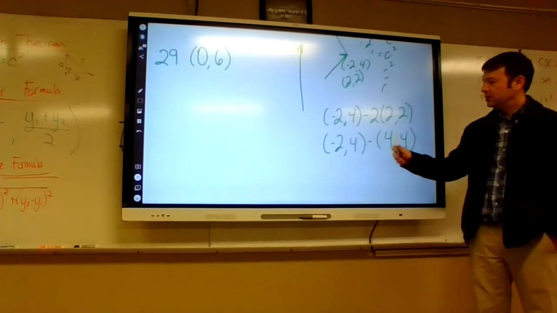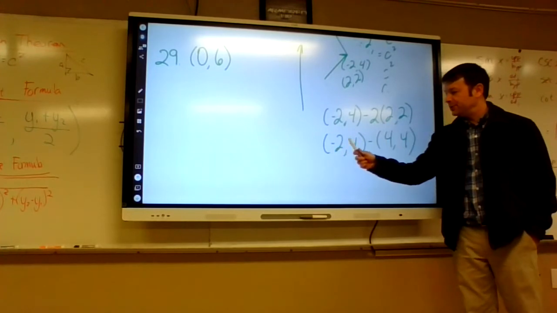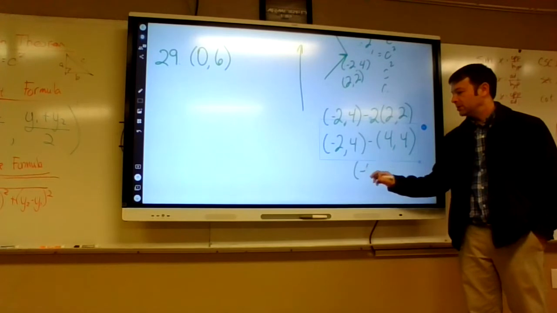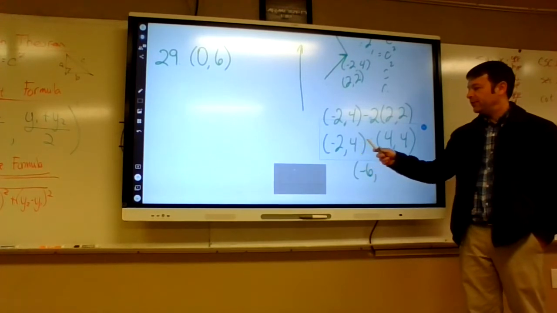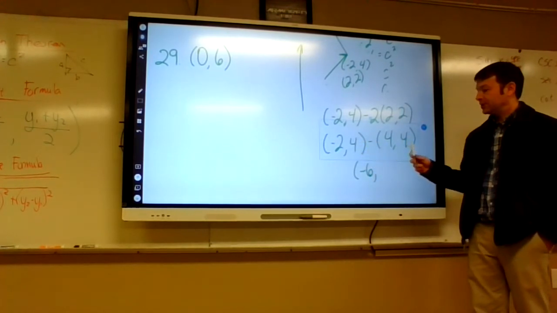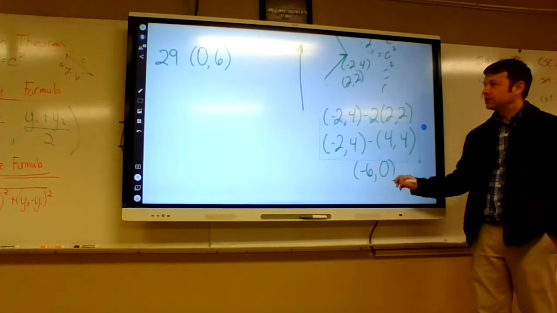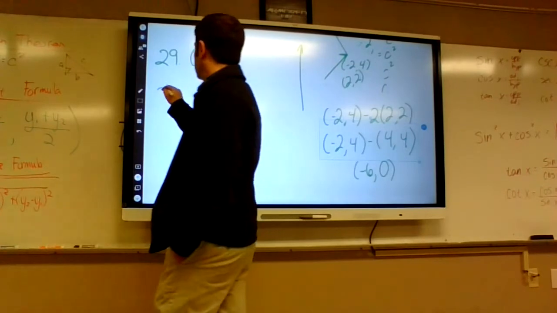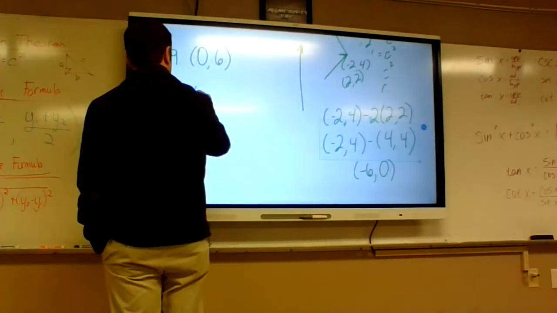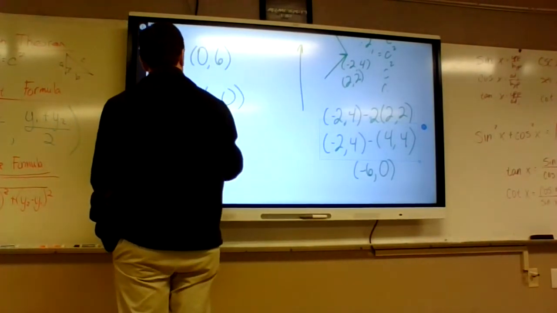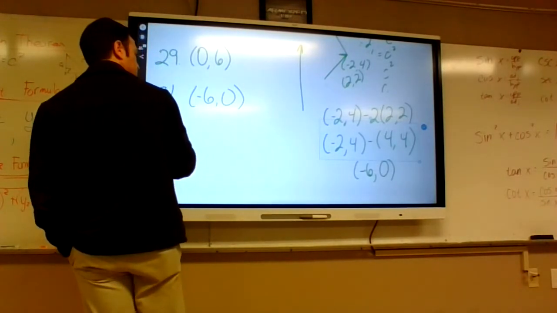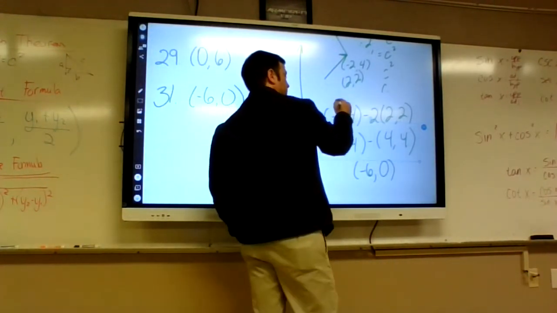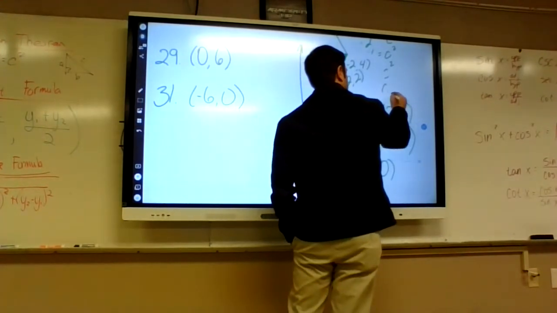So we have negative 2 minus 4, negative 6. And we have 4 minus 4, 0. Any questions on that one?